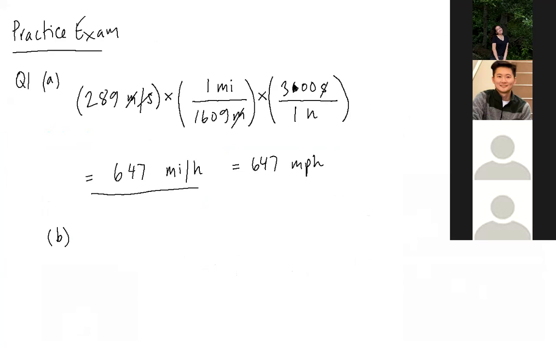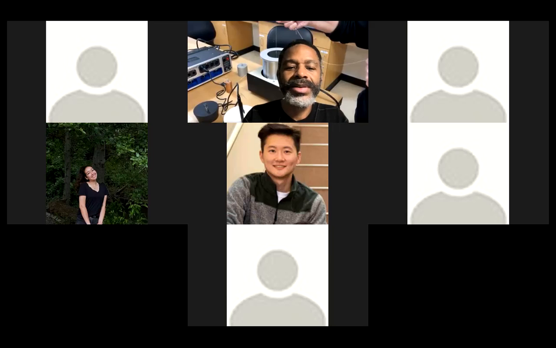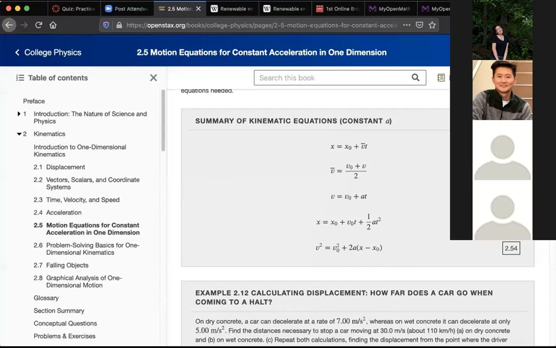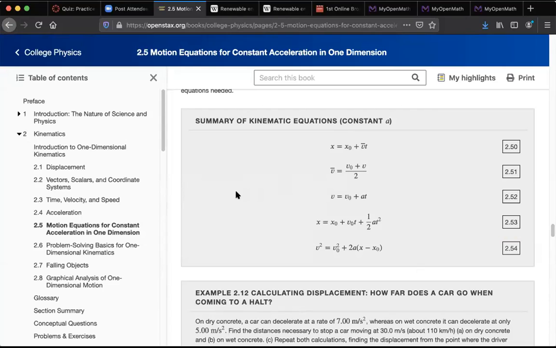So what we're going to do is use our motion equation. So let's see, let's share that. So if you look at chapter 2 of the textbook, I've got the online version here.